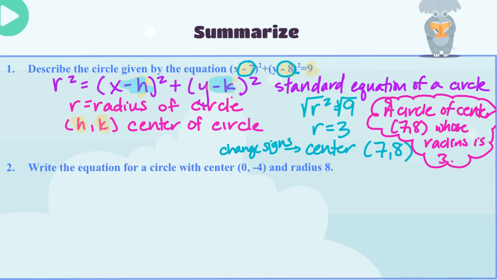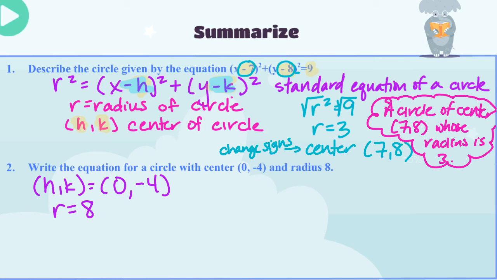Now we come to the next question. Write the equation for a circle with center (0, -4) and radius 8. So we know from what we're given here that (h, k) is (0, -4), and the radius is 8.